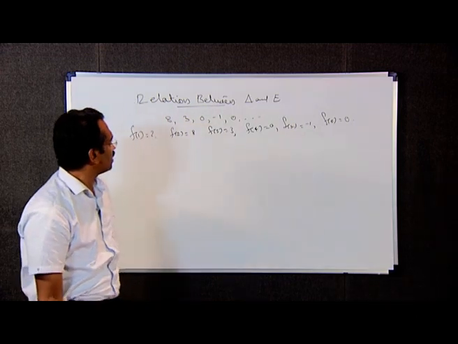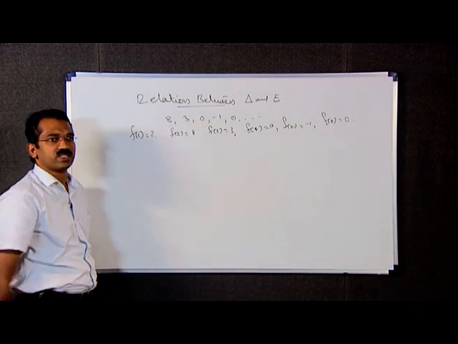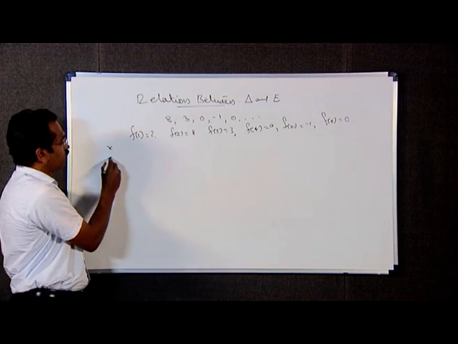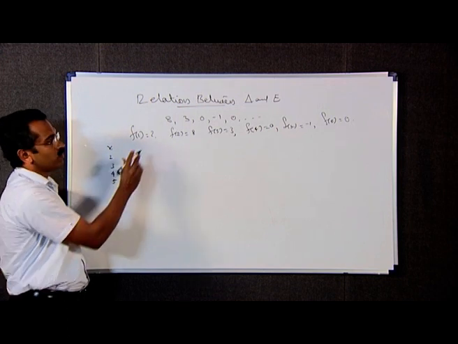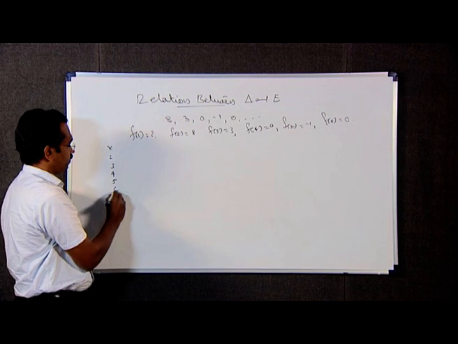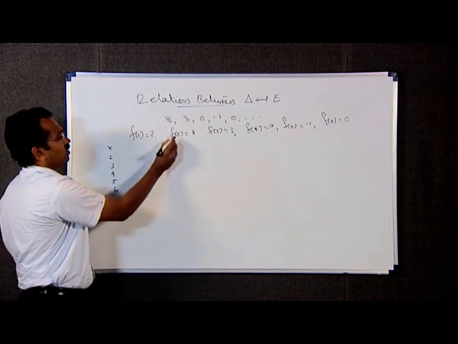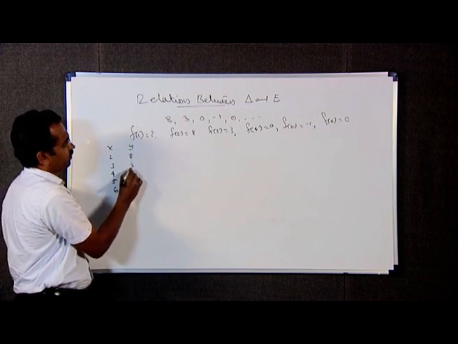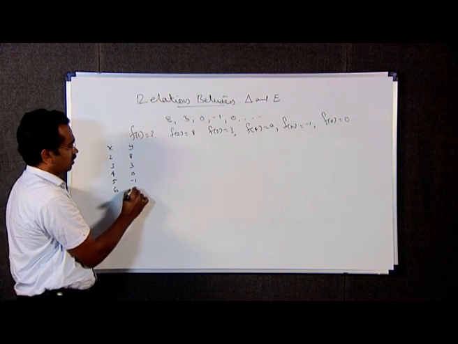We construct the difference table using the given data, that is the x values are 2, 3, 4, 5, 6 and the corresponding y values are 8, 3, 0, minus 1 and 0.